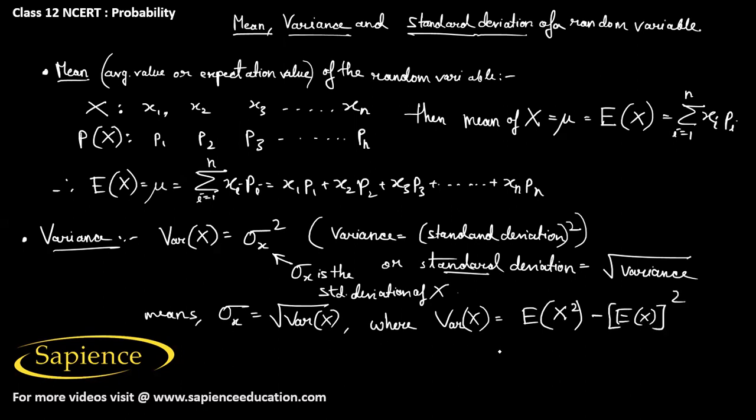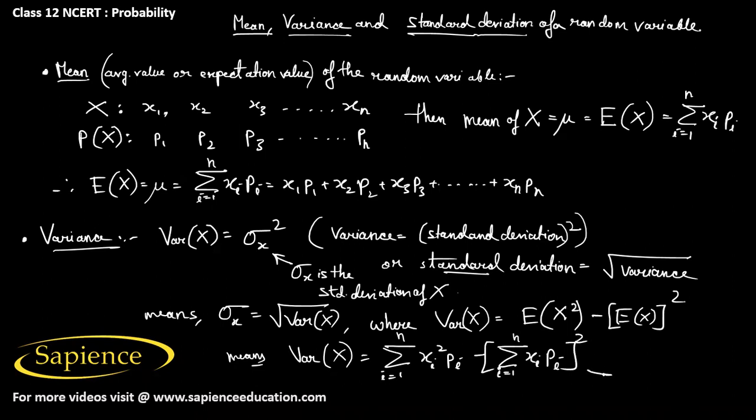It means that the variance of x can be written as summation of i goes from 1 to n of xi square into pi, minus summation of i goes from 1 to n of xi pi, its whole square. This second one is called the expectation value of x, as we have defined here.